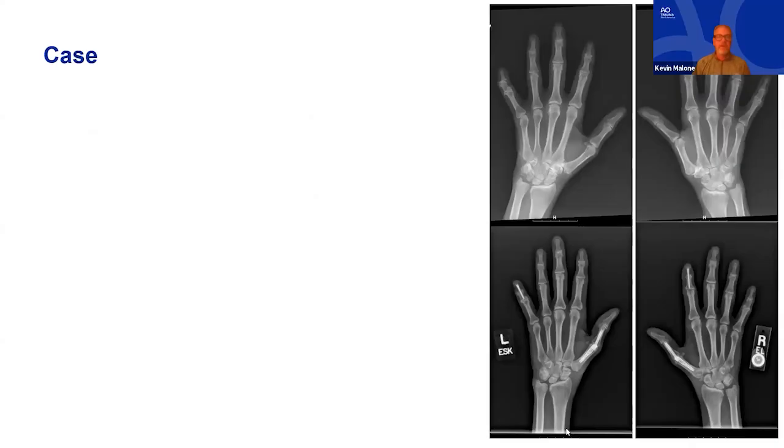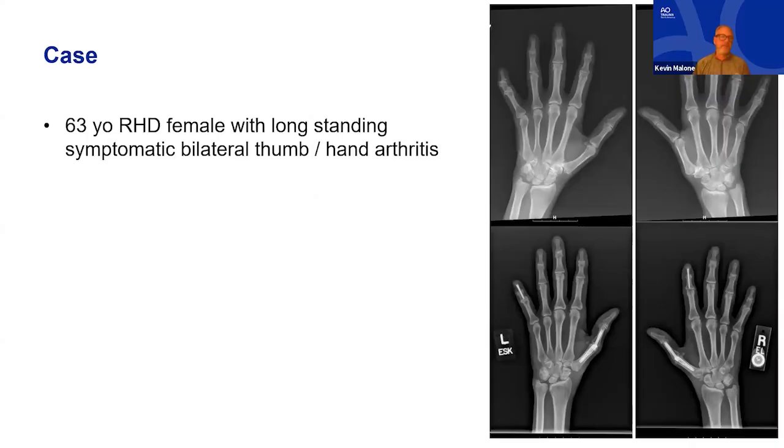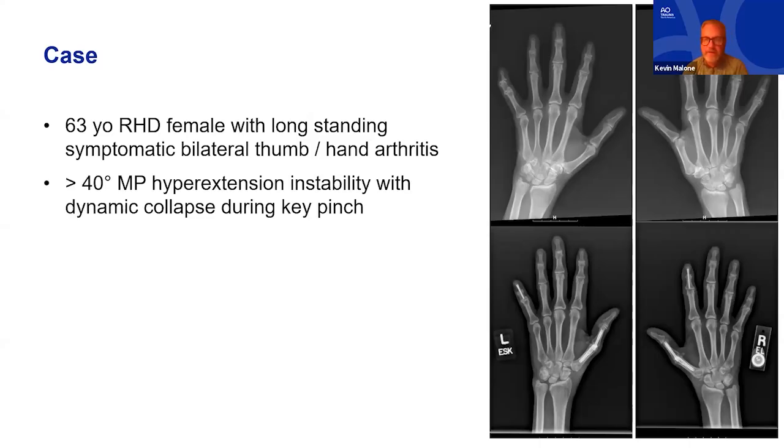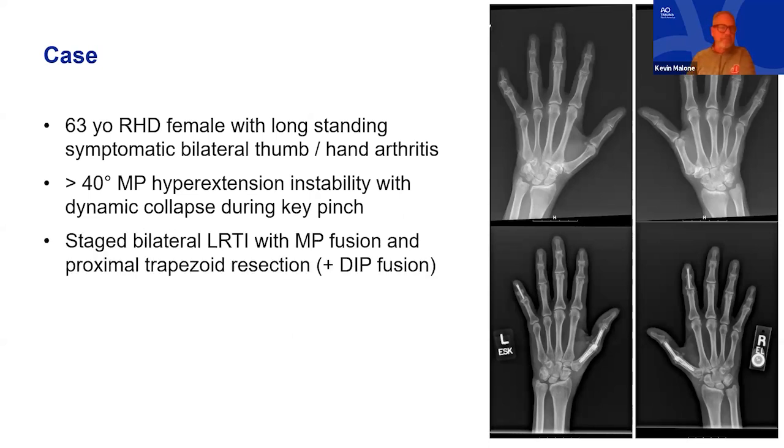So here's a case of mine, a 63-year-old right-hand dominant female with long-standing symptomatic bilateral hand and thumb arthritis. She's got some resting MP joint hyperextension on the right, but dynamically went into collapse with pinch with greater than 40 degrees of MP joint hyperextension on both sides.